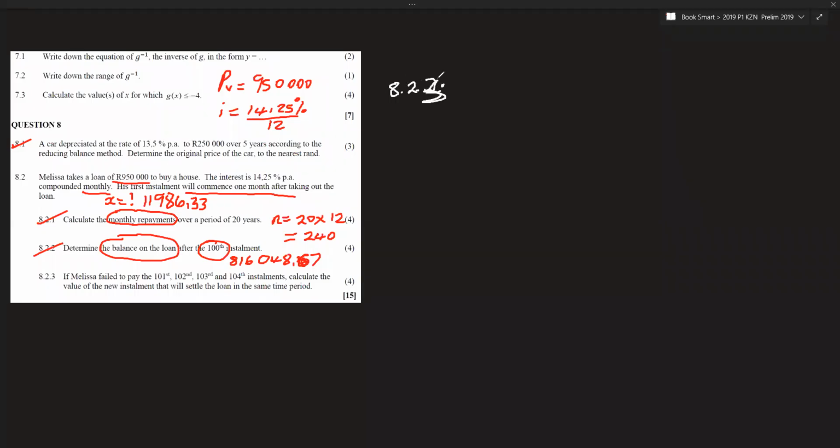So the last question, they say Melissa failed to pay on the 101st, 2, 3, and 4. So she missed 4 payments.